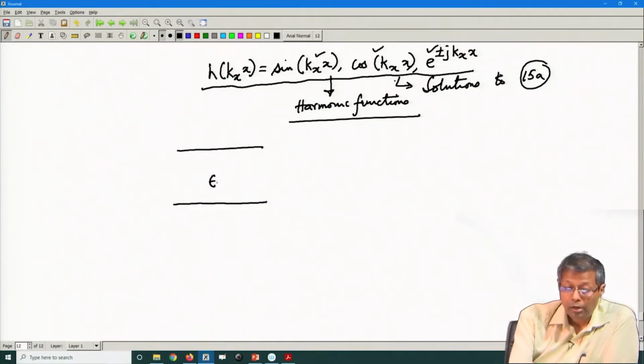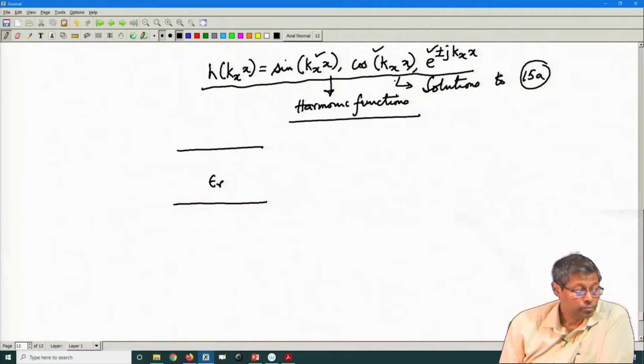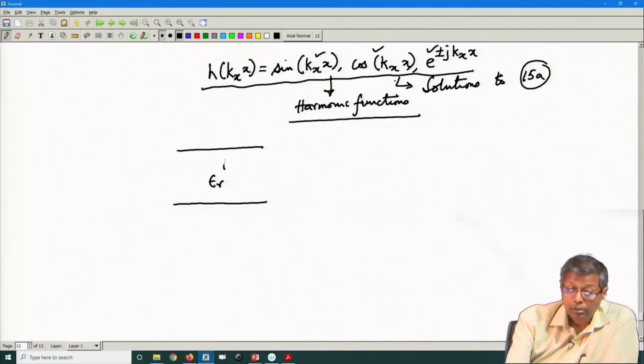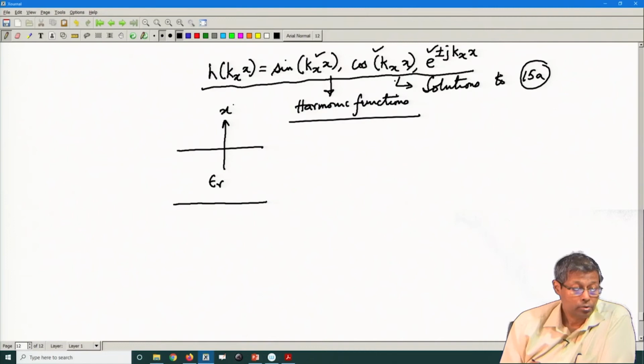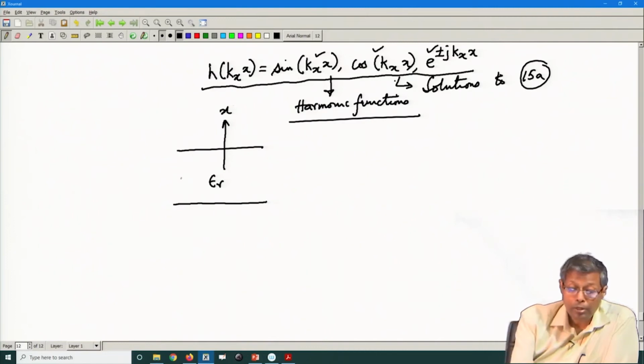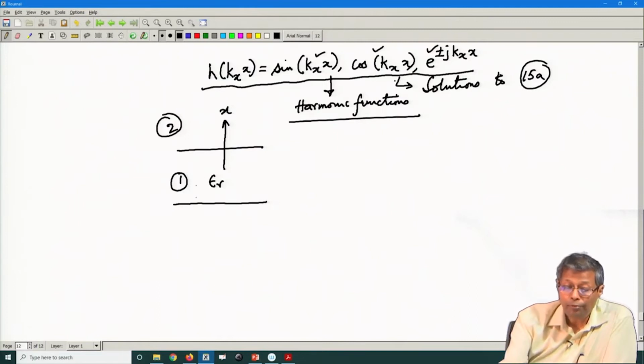I have a dielectric slab, this is the x direction. So, this is medium 1, this is medium 2. So, there will be reflection of waves between medium 1 and medium 2, inside medium 1.